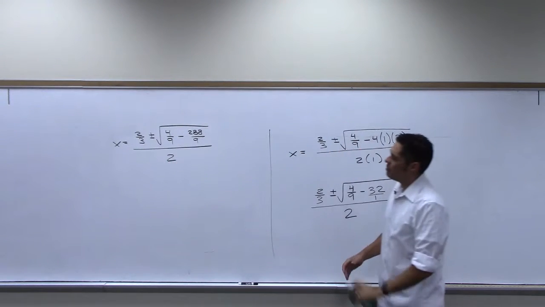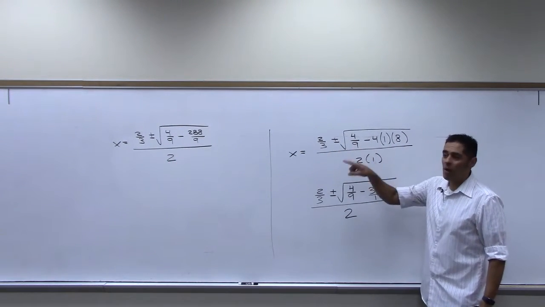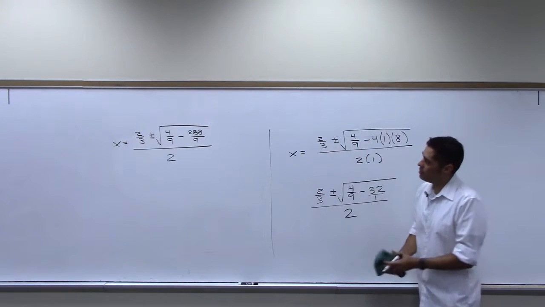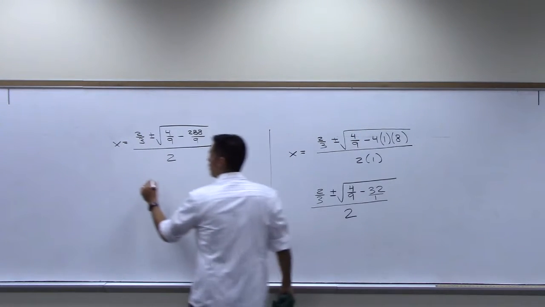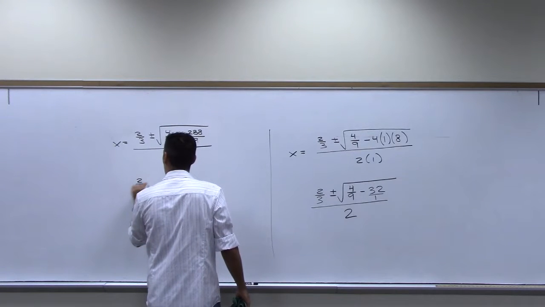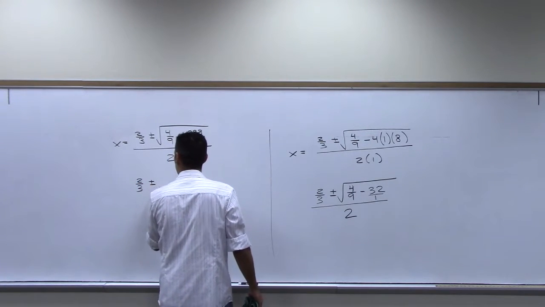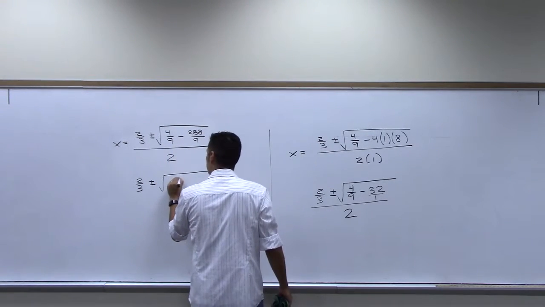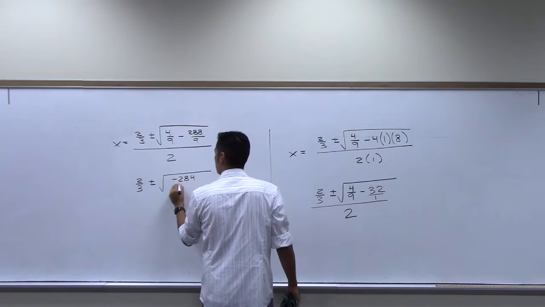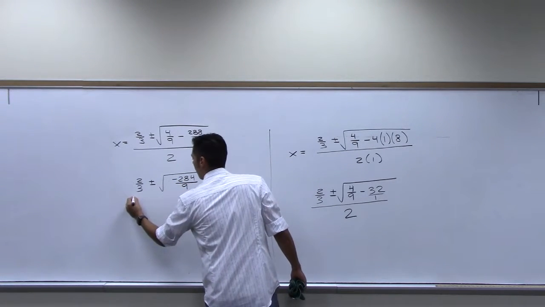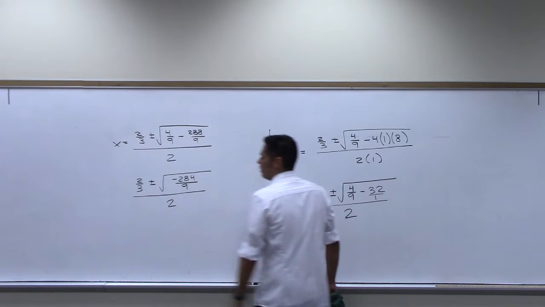And now that you have the same denominators, you can go 4 minus 288, which is negative 244? 284, sorry. Negative 284 over 9, all of this over 2.